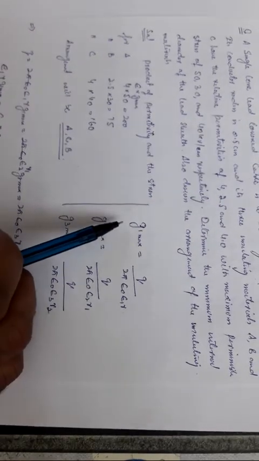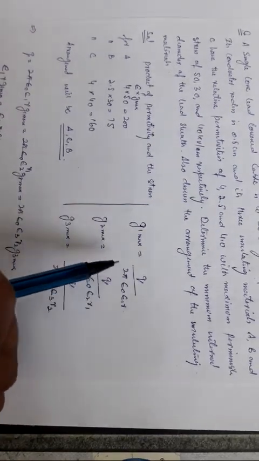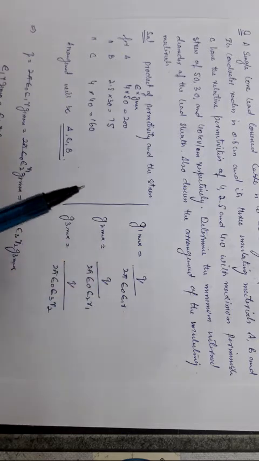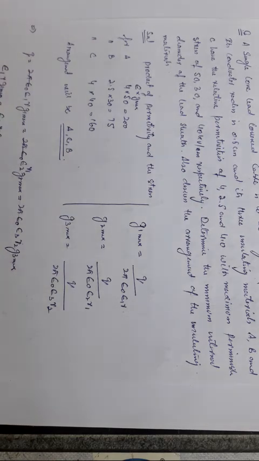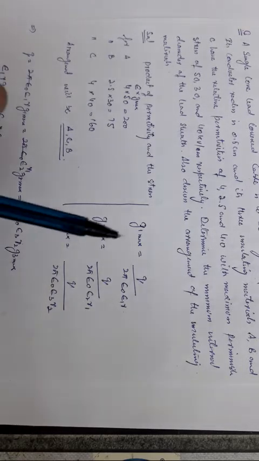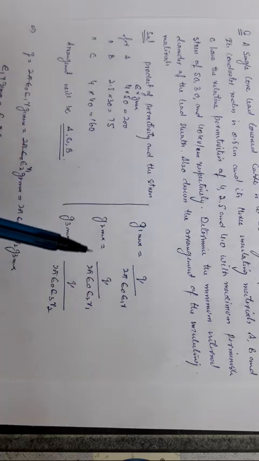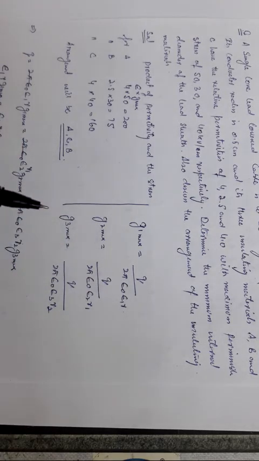We know that G1 max will be equal to Q divided by 2 pi epsilon naught epsilon 1 into R, where G1 max is the electric stress of the first dielectric material and Q is the charge per unit length. Since the conductor contains the charge, G2 max will have the same charge, and G3 max will have the same charge.